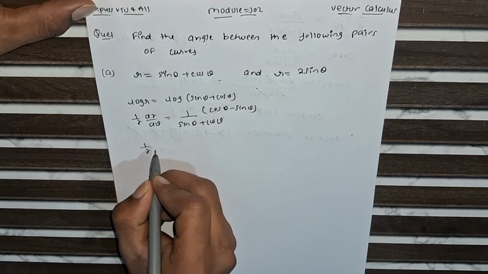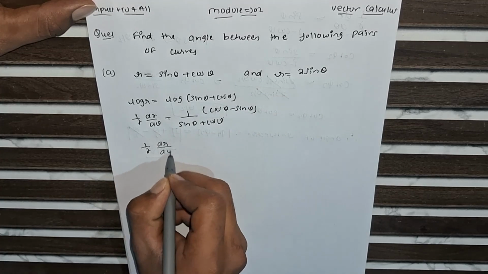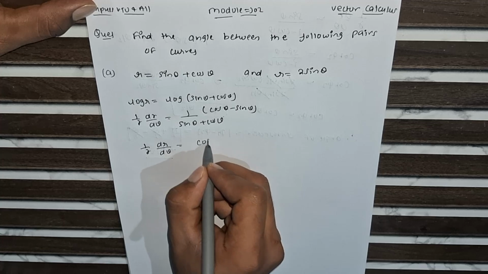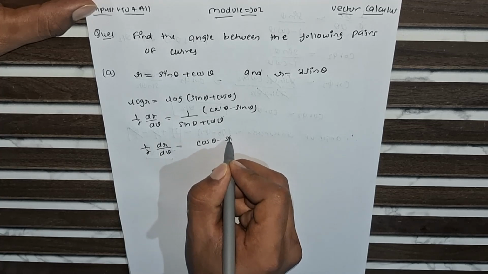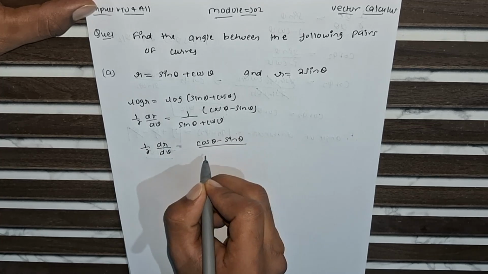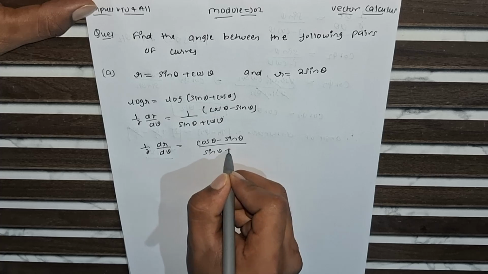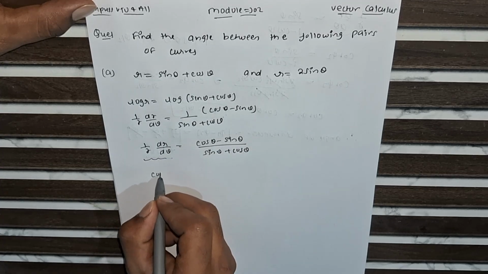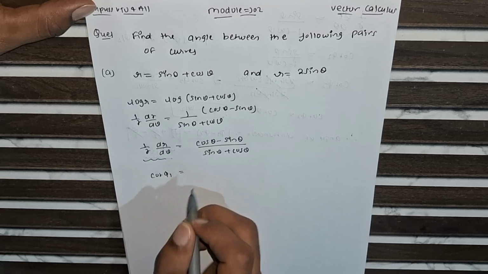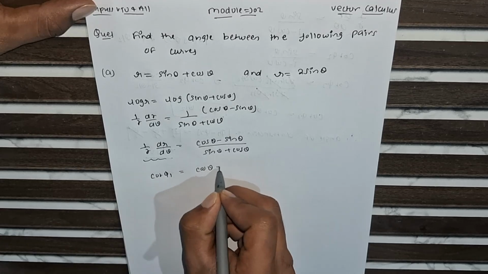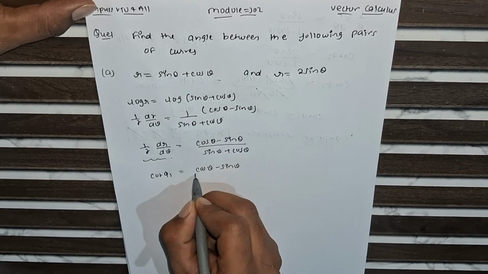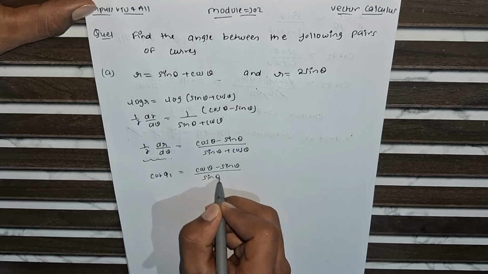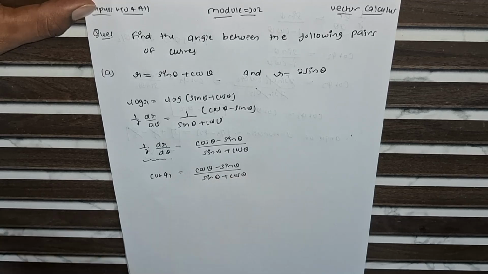So 1 by r dr over d theta, which is cot phi 1, is equal to cos theta minus sin theta divided by sin theta plus cos theta.